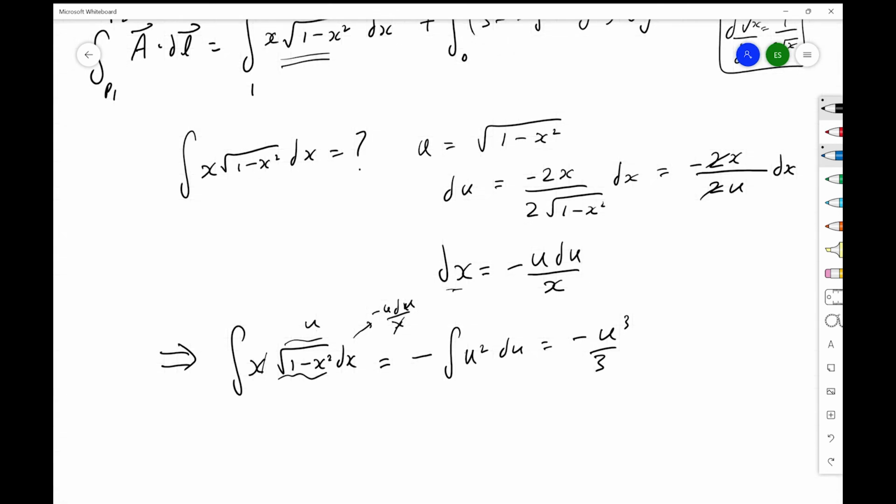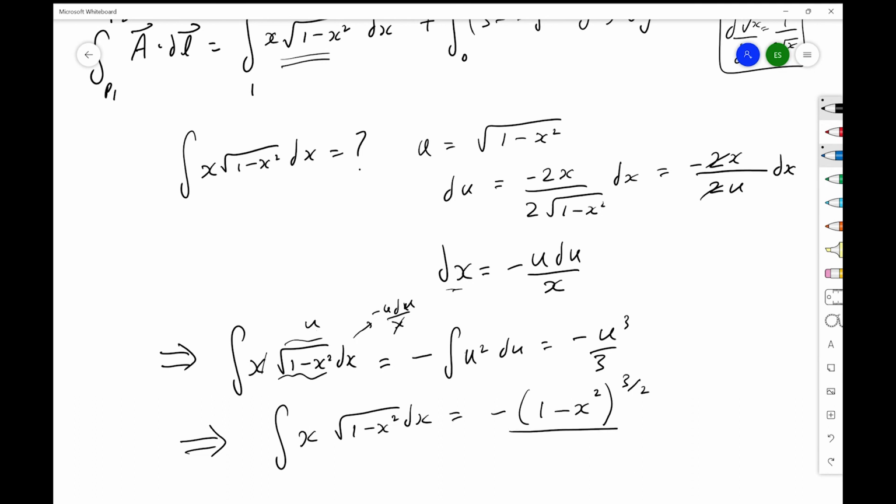So this is the indefinite integral. So the end result is that the indefinite integral of x square root 1 minus x squared dx is going to be minus 1 minus x squared to the power 3 over 2, half being the square root, over 3.